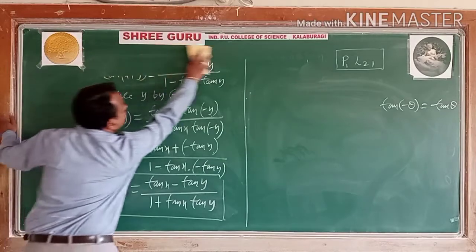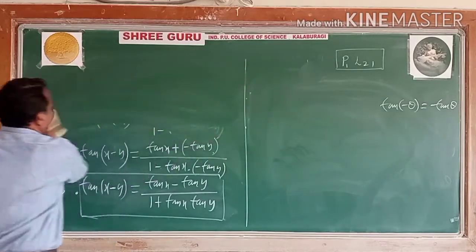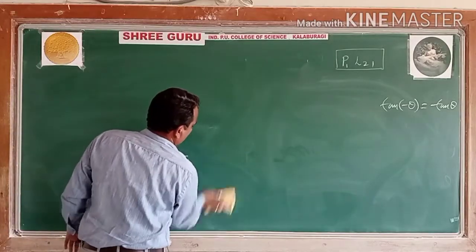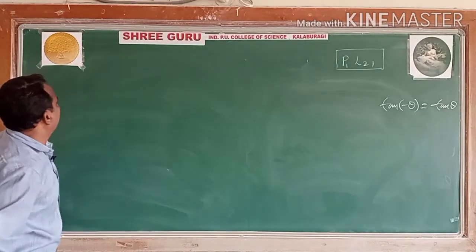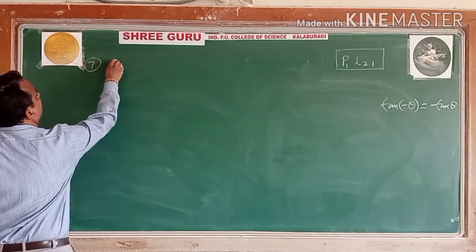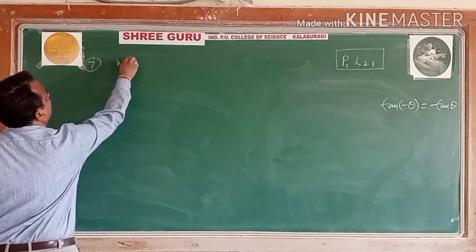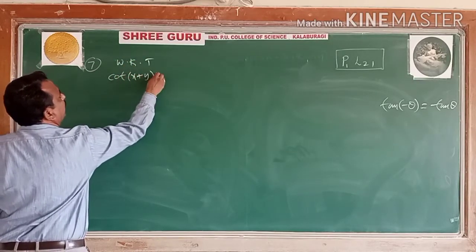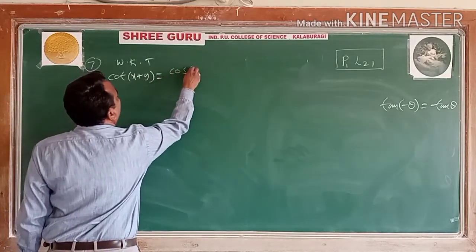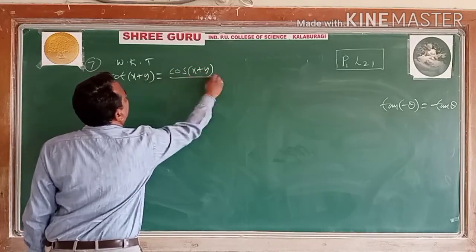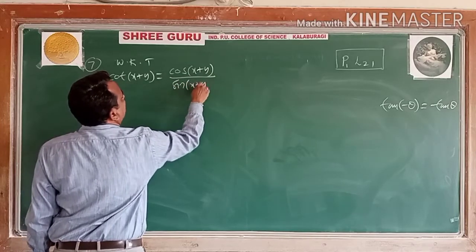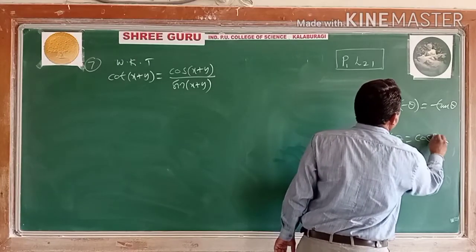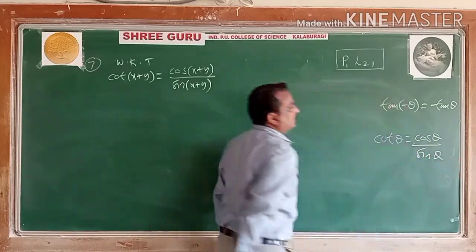Then we will go for the cot formula, students. Let us see the seventh one, cot of x plus y formula. Here we have to prove the cot x plus y formula: cos x plus y divided by sin of x plus y. Cot theta is equal to cos theta by sin theta.